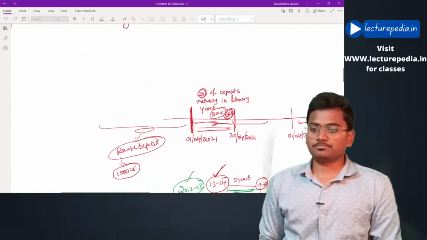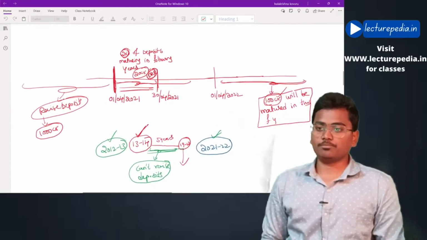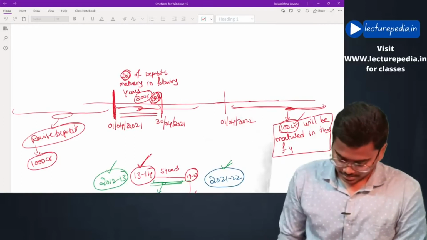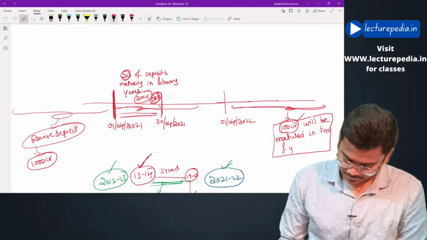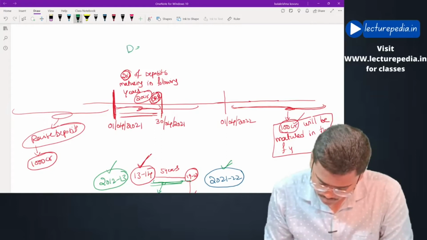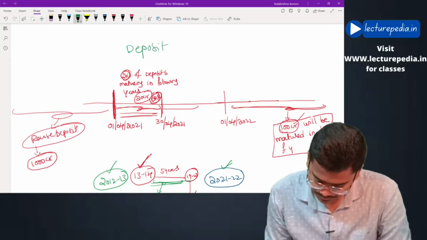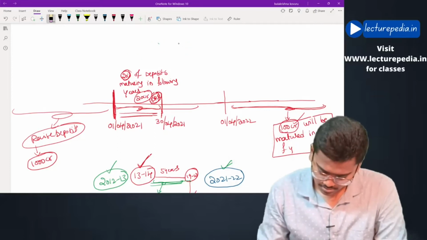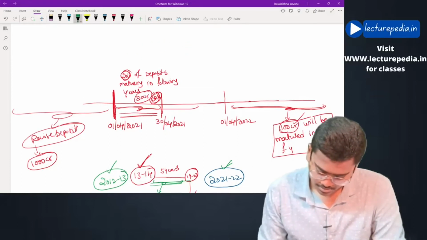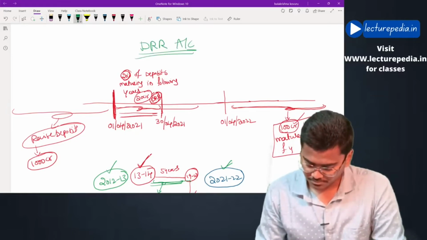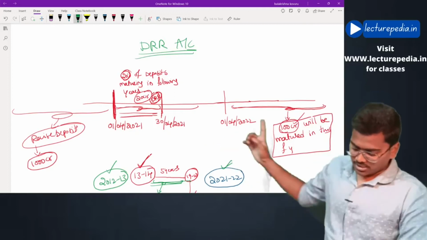This one. You can write this example. Here you can keep the heading as deposit or DRR account. DRR account. And you can write down this timeline.